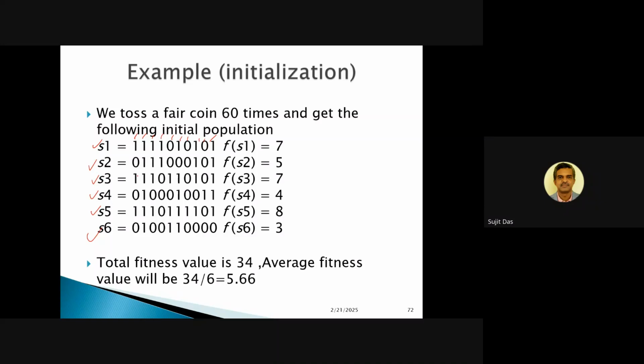Okay. So what will be the fitness value for this string? FS1 means we are finding the fitness value for string 1. It is 7. How many ones are there? 1, 2, 3, 4, 5, 6, 7. Since 7 ones are there, your fitness value is 7.